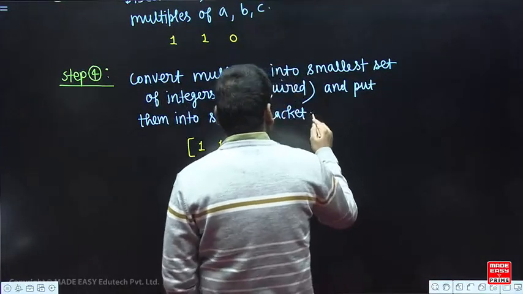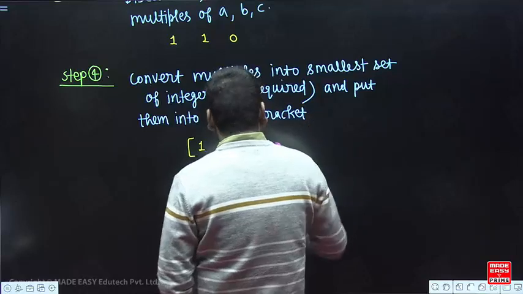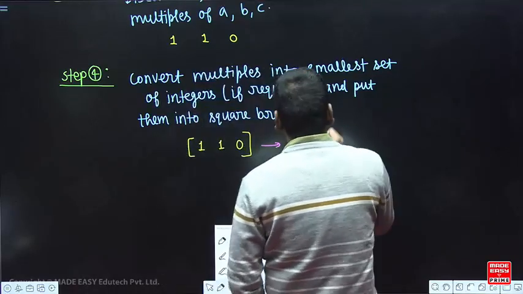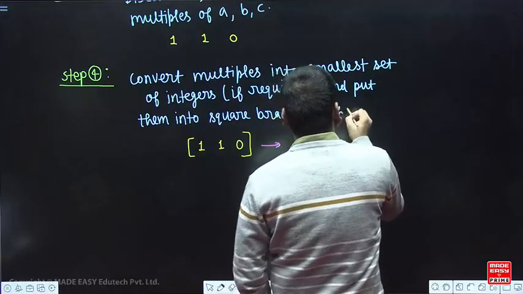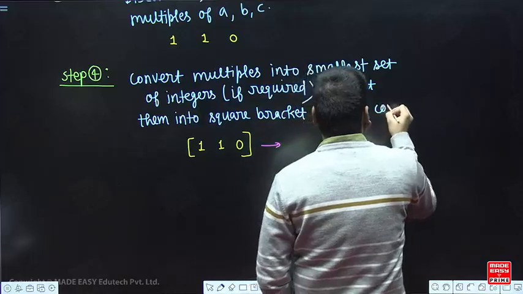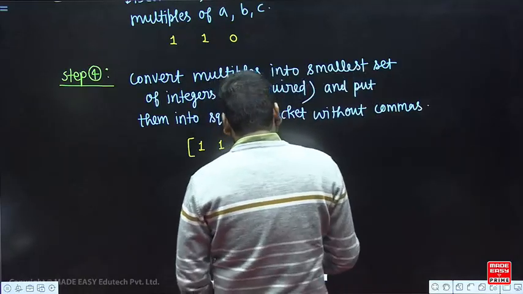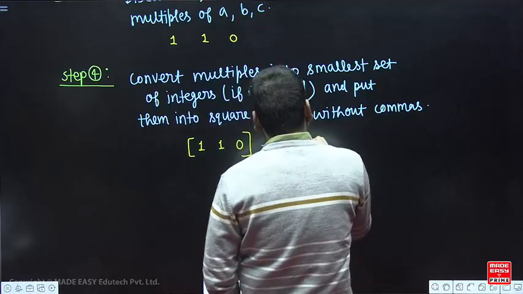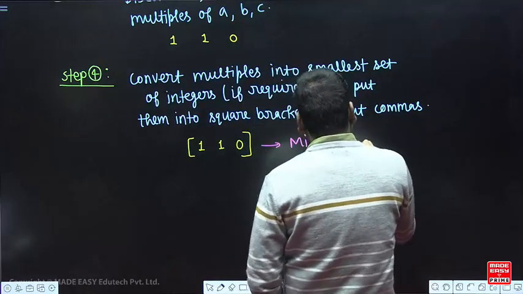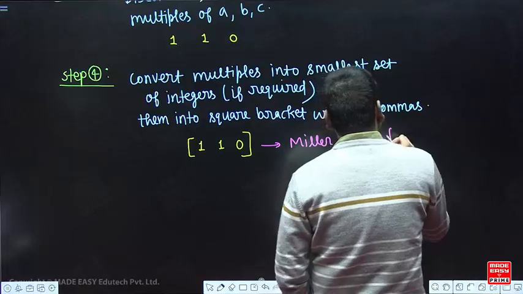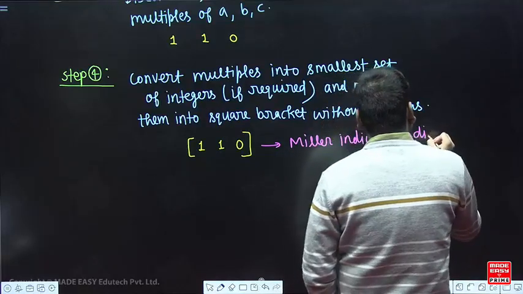We do not put commas, that is the convention. So without commas, this [110] is the Miller indices for direction OA.